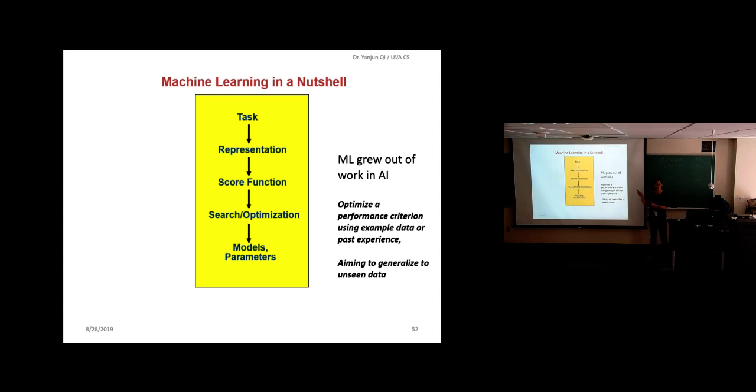And this is it. We always think about machine learning in terms of task, representation, score function, optimization, and model parameters. I did not go over everything there, but this is the mental representation.